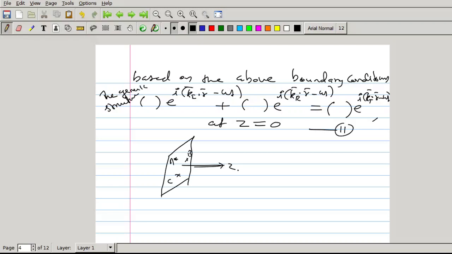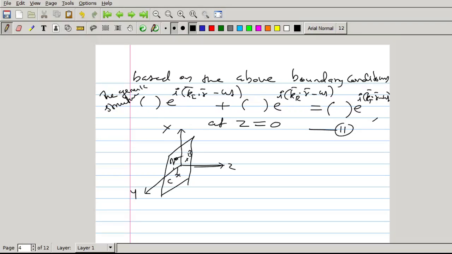This is the Z direction, this is the X direction, and this one is the Y direction. If I take A, B, C, any point on this interface, then this condition is satisfied. Z must be equal to 0 for any point on this interface. But the X and Y components will be different for A, for C, and for B. So when I take different points on this interface, the X and Y coordinates will be different.